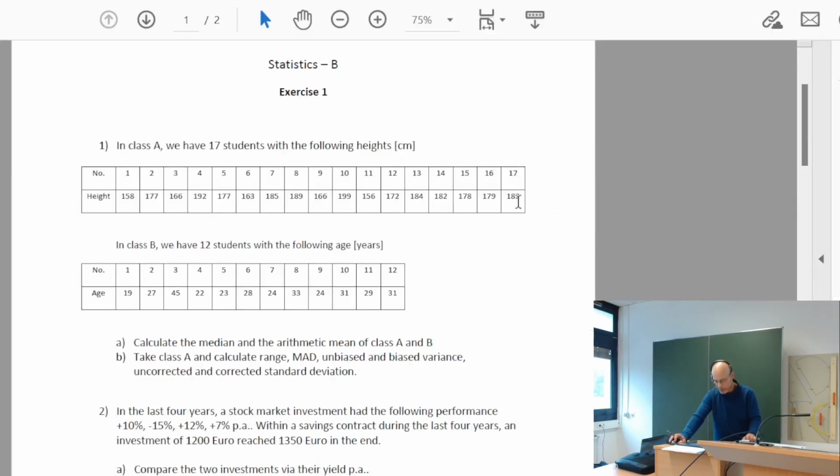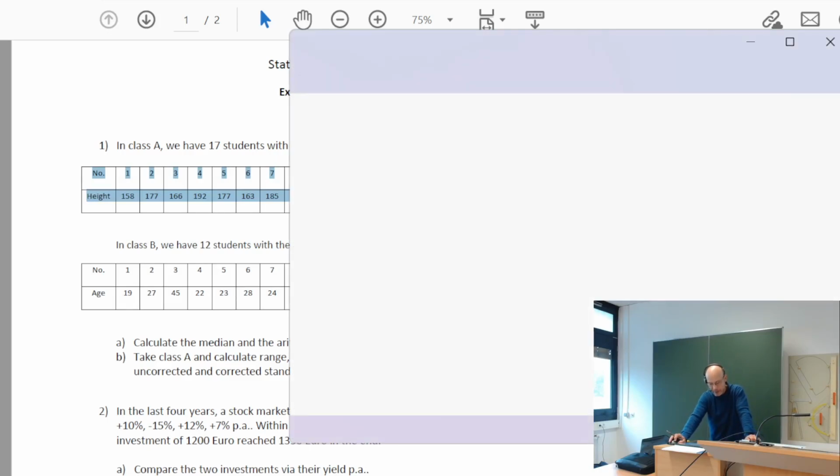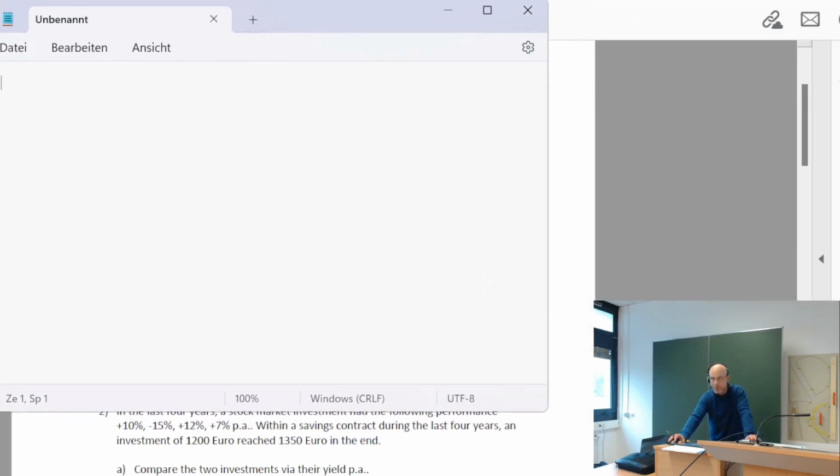Okay, so how do we get this data within our Excel file without typing it? I think this is a competence you should have if you want to use some data you find in a PDF file in some studies. Hopefully this PDF is created so that you can at least copy these numbers. What I always try to do is open a standard editor.